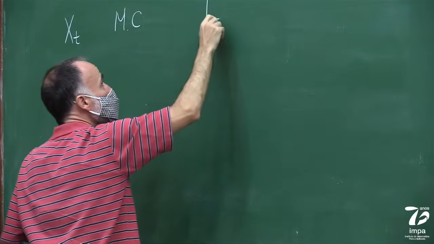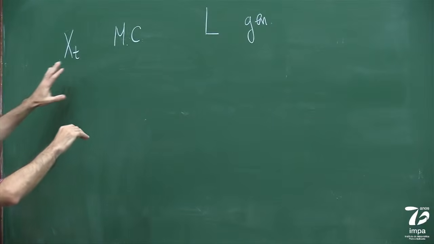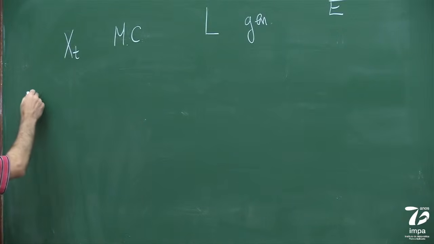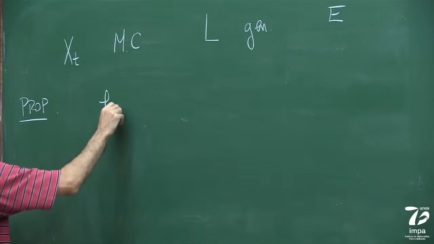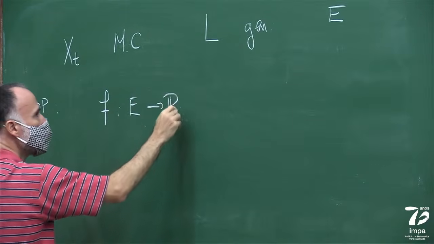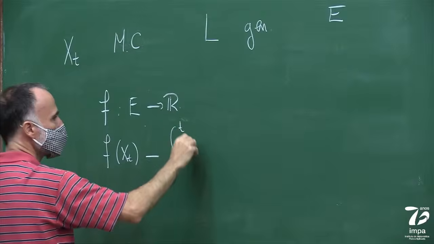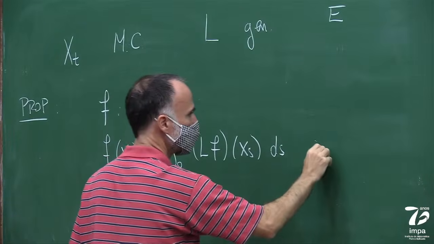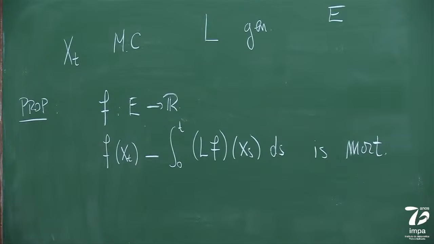Let me represent its generator by L. Well, what I claim is that this Markov chain is evolving in a finite state space E. So, proposition: if you take any function f from E to R, then f(Xt) minus the integral from 0 to t of Lf(Xs) ds is a martingale.